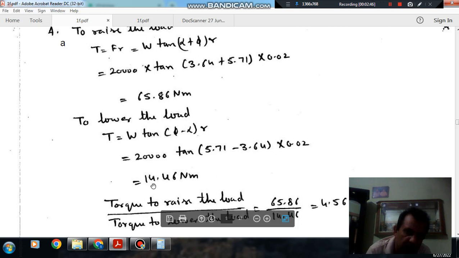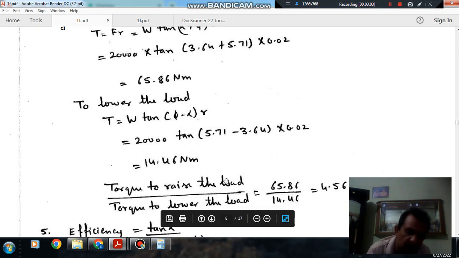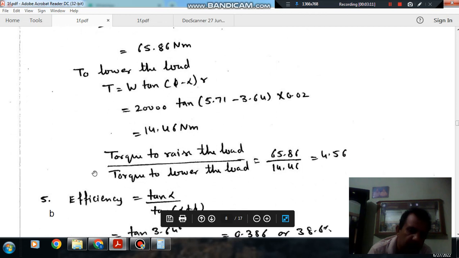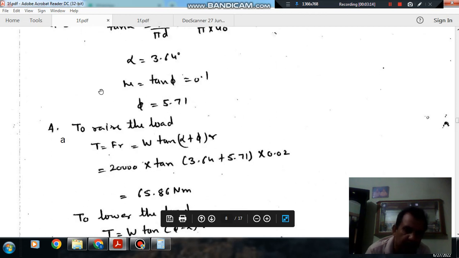Putting in the values, alpha is 3.64, phi is 5.71, W is 20,000 and R is 0.02, so the torque comes out as 14.42. So the ratio of the torque required to raise the load to the torque required to lower the load is 65.86 divided by 14.46, that is 4.56. So the answer to question number 4 is A.